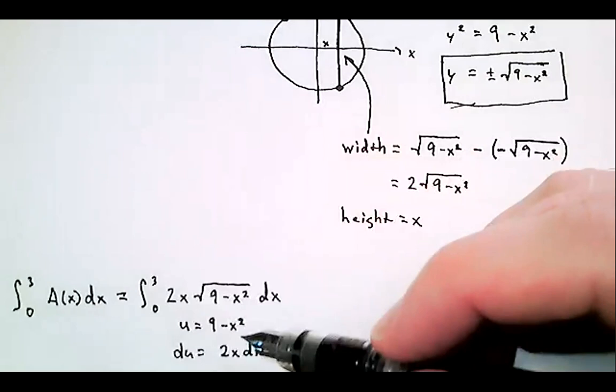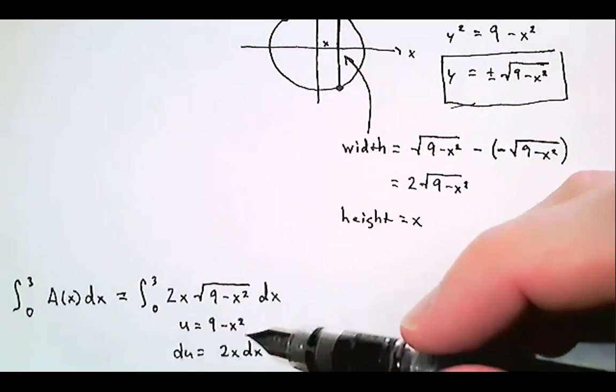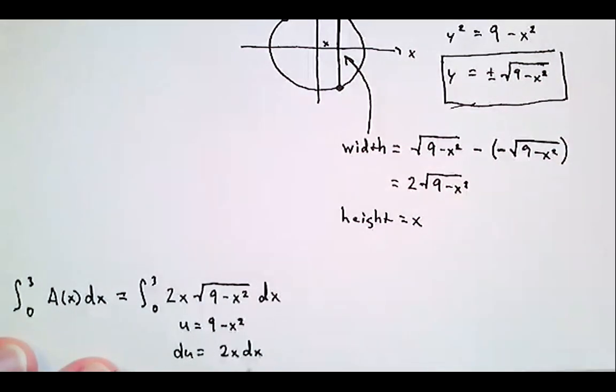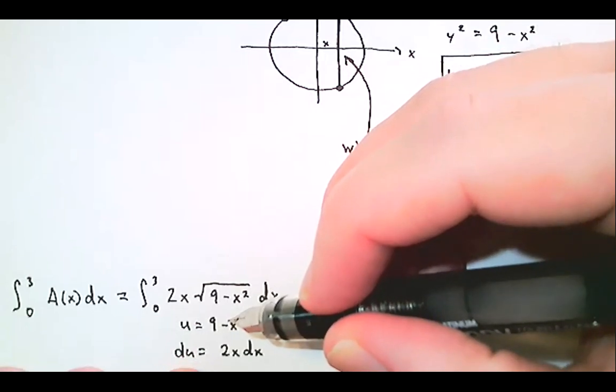So if you integrated x squared, yes, that's right. But for the du, all we have to worry about is the derivative here. And I'm so sorry. Yeah, it's the derivative. My bad. I'm sorry. Yeah.